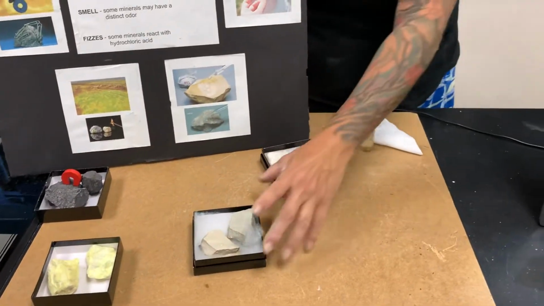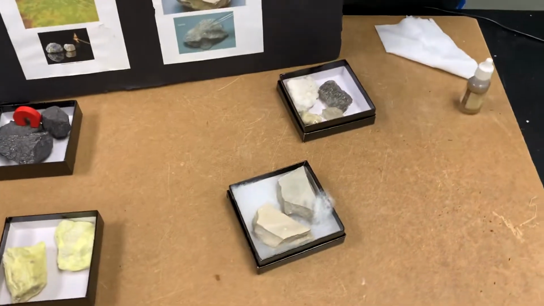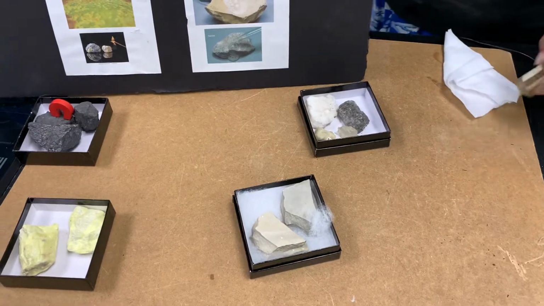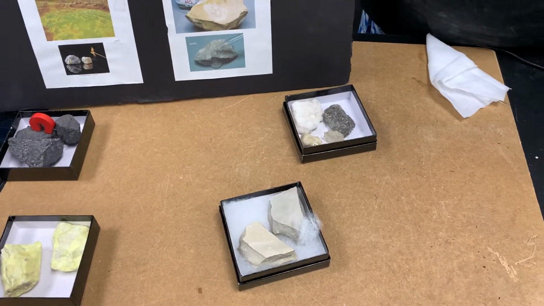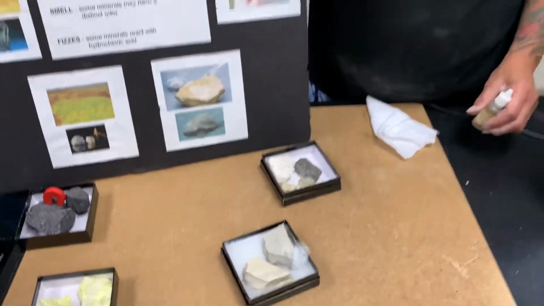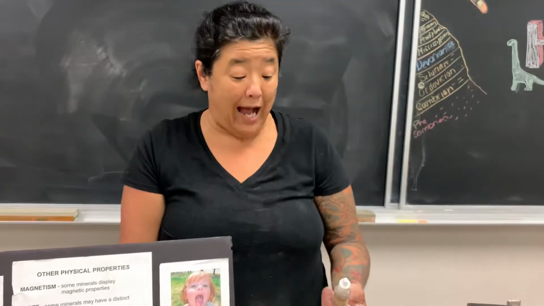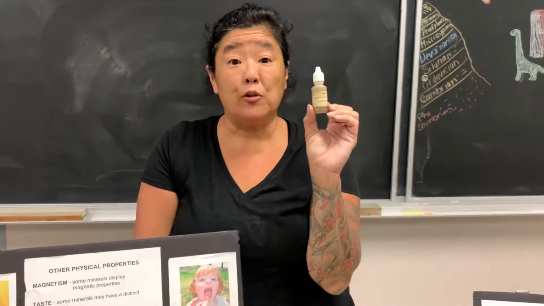Okay, and then last we have what's called fizz. This is going to come in really handy, especially when we deal with sedimentary rocks. Certain chemicals will react with acid, and calcium carbonate is the one that usually reacts. Us geologists always carry around a little bottle of hydrochloric acid.